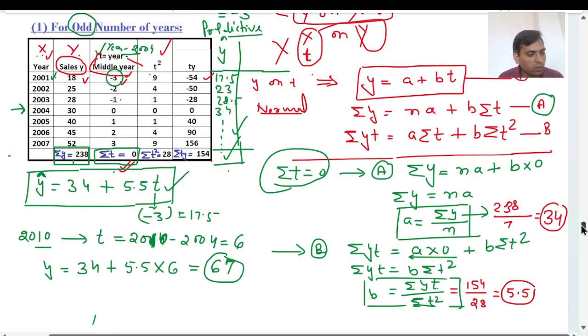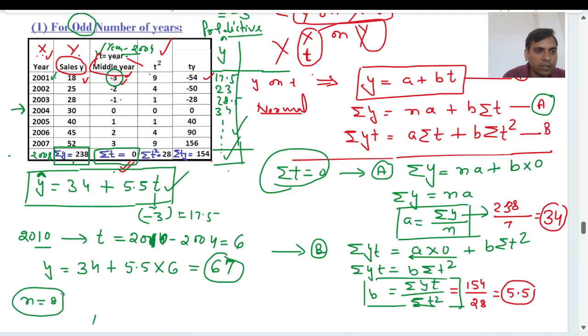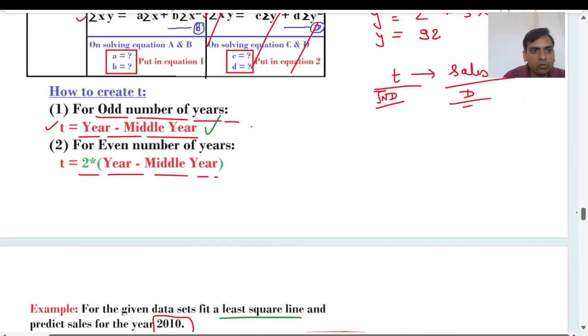Now we can discuss the concept of even data also. In case of even data, you will have one more year, 2008. Now in case of 8 years, n equals 8 in your data. You need to find t, and in case of even data we will use 2 into year minus middle year.